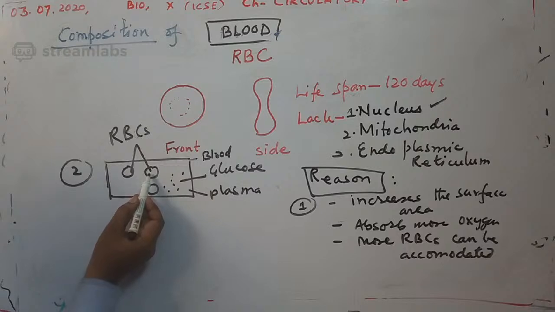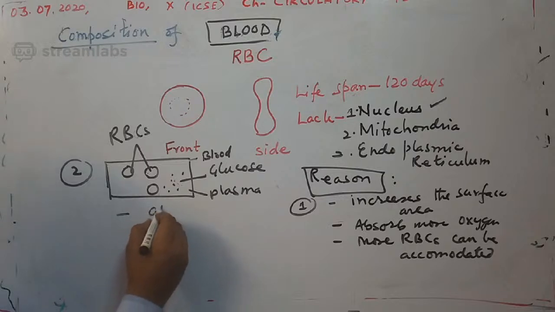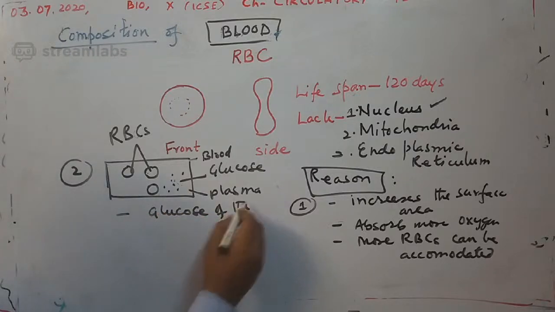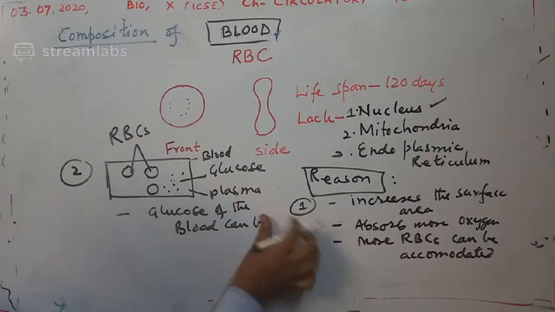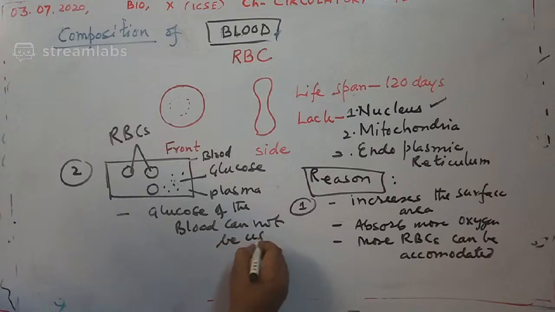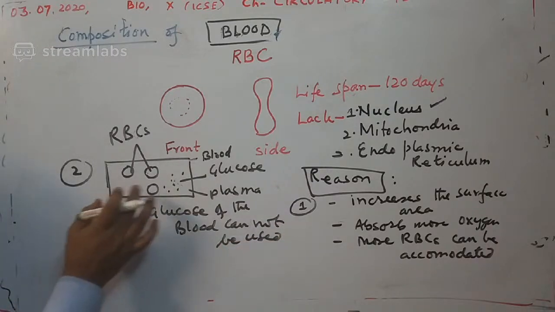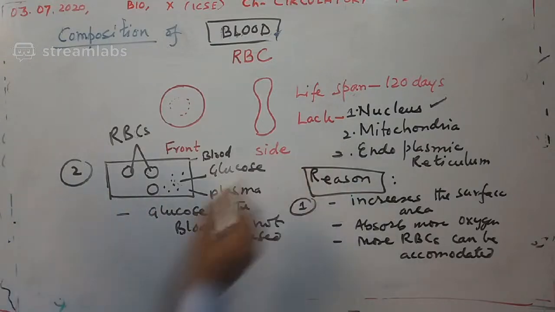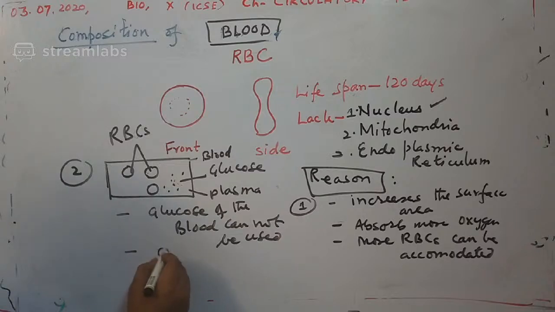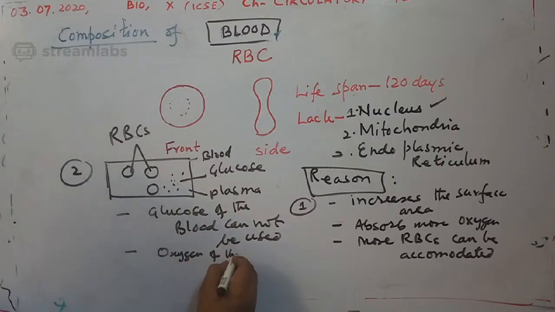If mitochondria were present here, they could use this glucose. So the glucose of the blood cannot be used. Whatever glucose is present in blood can be completely transported to other cells. Therefore, it is absent. Number two, the oxygen of the RBCs cannot be used. Two points are very important.